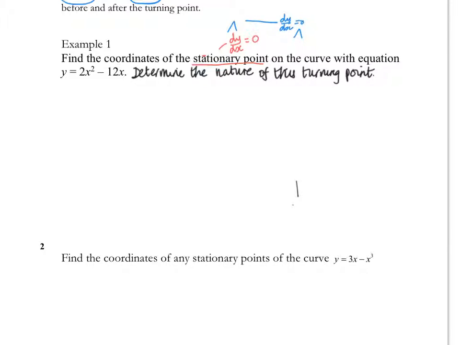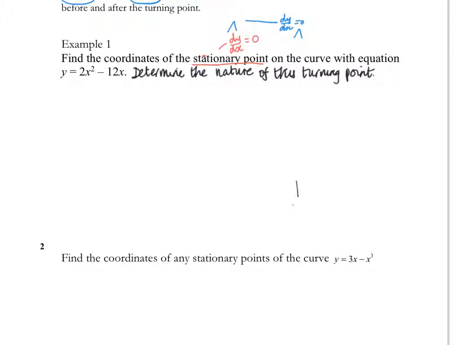Now if you look at the equation, we've actually got a plus x squared. So we're expecting a happy quadratic. So we are actually expecting it to be a minimum turning point. We wouldn't normally get this on quadratics, it's really cubics or quartics. But this is a simple example just to get you into the swing of what you should be doing.